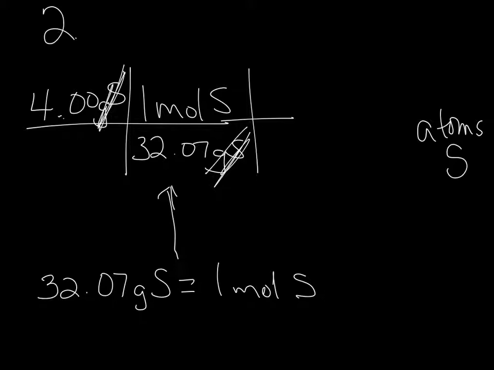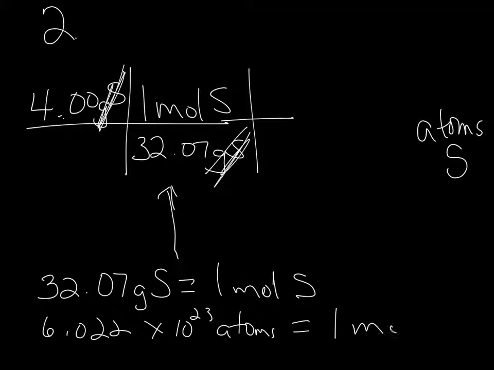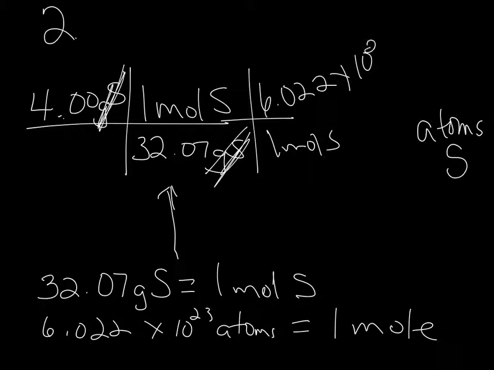We always know that there are 6.022 times 10 to the 23rd atoms in 1 mole of anything. Just like there's always 12 eggs in a dozen. Always, always, always. So 1 mole of sulfur is equal to 6.022 times 10 to the 23rd atoms.